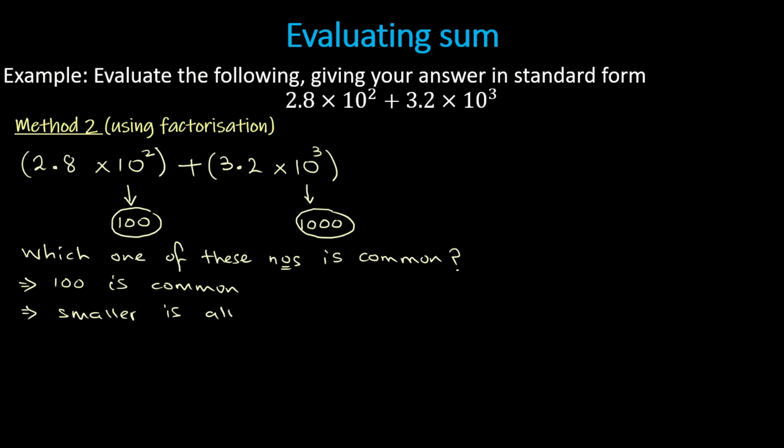Keep this in mind, right? Always the smaller number is common. So we are going to take out 100 or simply 10 to the power of 2 as common factor, right? This is how we identify the common factor, right? Always you take out the smaller number, which is going to be the common factor, right? So let us do it.